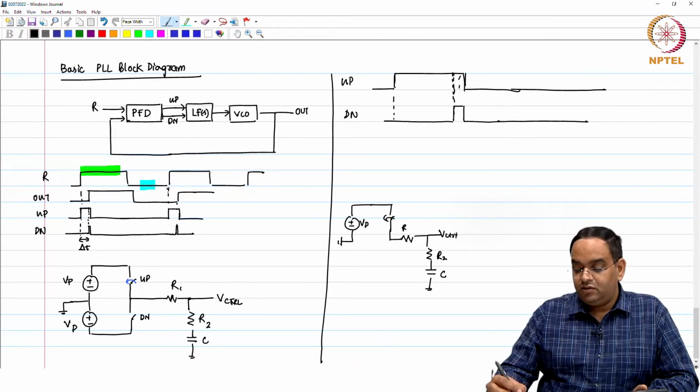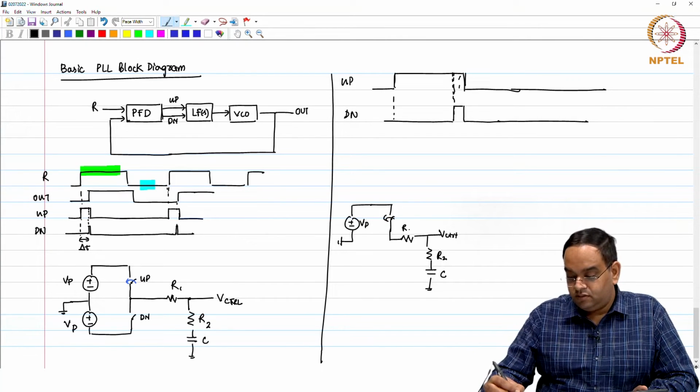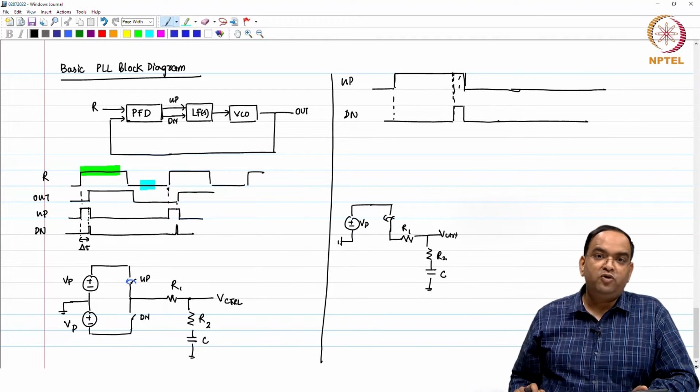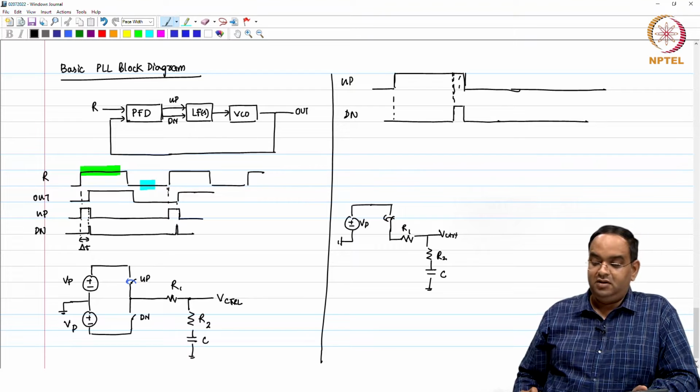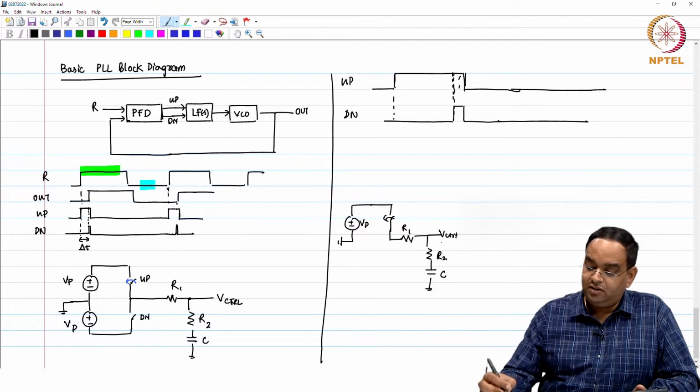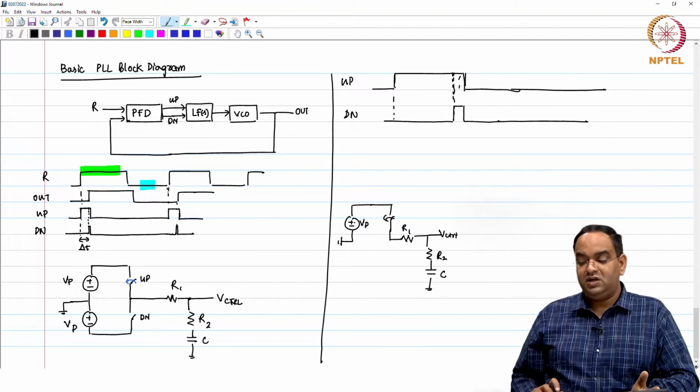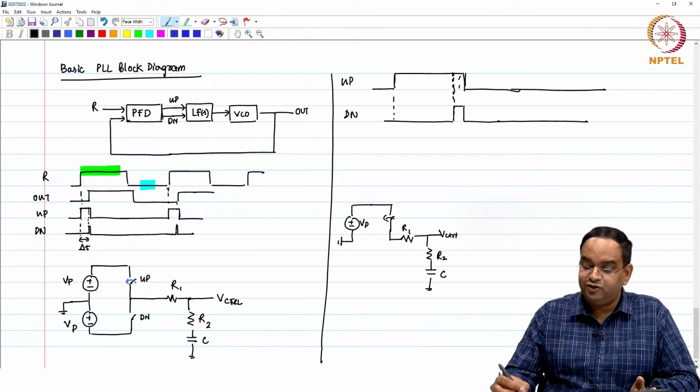Your Vp gets connected to this circuit and your control voltage will vary depending on your Vp, only during the time the switch is closed.